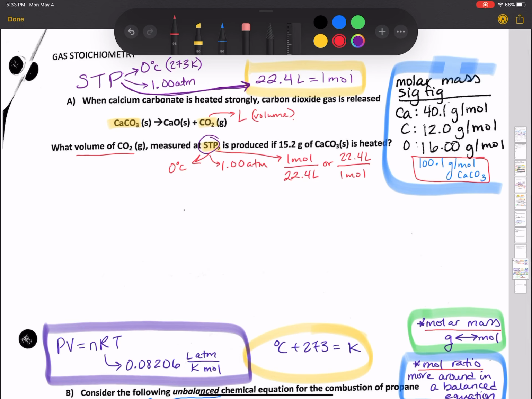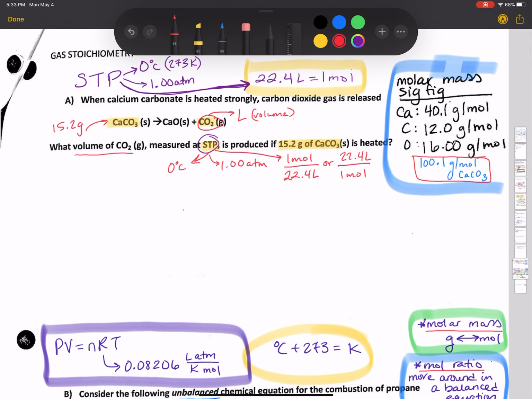So what volume of carbon dioxide gas measured at STP is produced if I have 15.2 grams of calcium carbonate heated? That means I took 15.2 grams of calcium carbonate, I heated it up so it decomposed, and I produced carbon dioxide gas. Now I want to know what volume of carbon dioxide gas I produced.